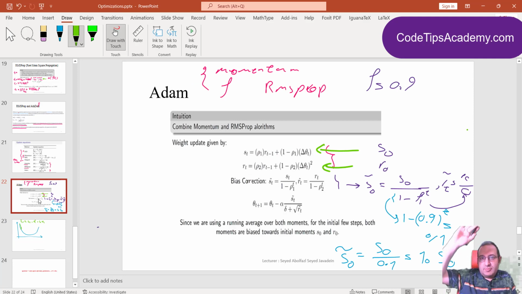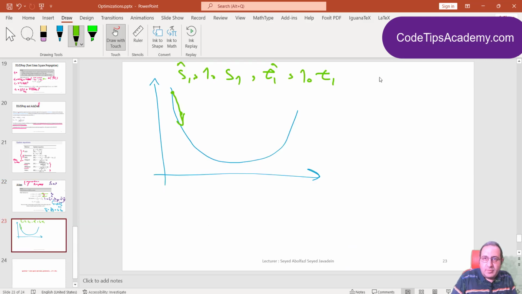But at the next steps, what do we have here? At the next steps, the formula is this: St tilde is St divided by 1 minus 0.9 to the power of t.